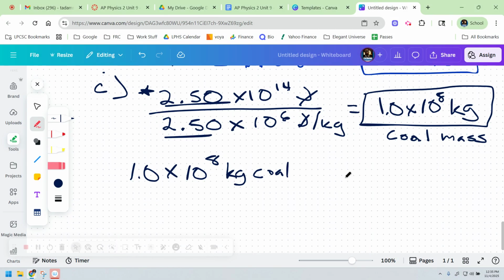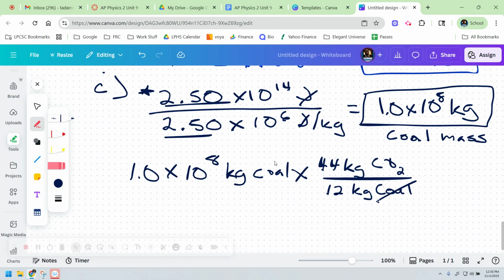And then I'm going to multiply that by the ratio of CO2 to coal. So I've got 44 kilograms of CO2, remember that's what they told us, to 12 grams of coal, because that's the ratio of coal to CO2. And remember that coal is just carbon.